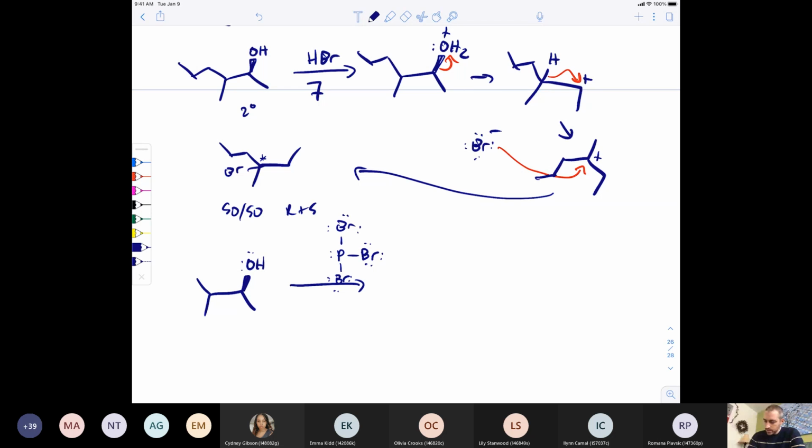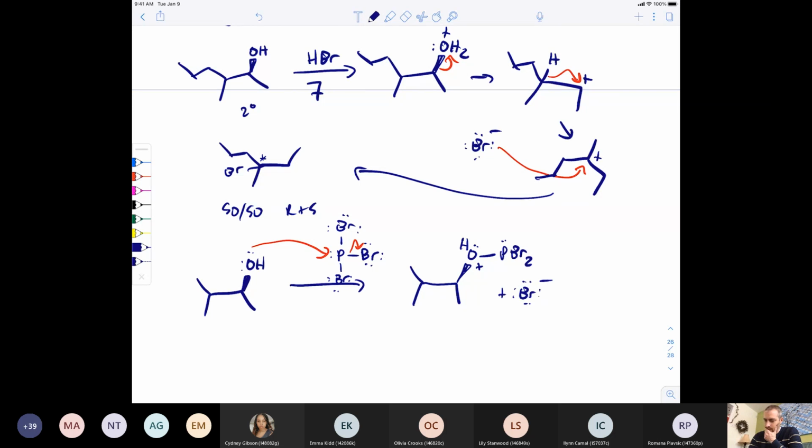The OH does basically an SN2 on the PBr3. The hydrogen is still there, still has one lone pair, and that puts a positive charge on the OH, plus there's a Br minus.